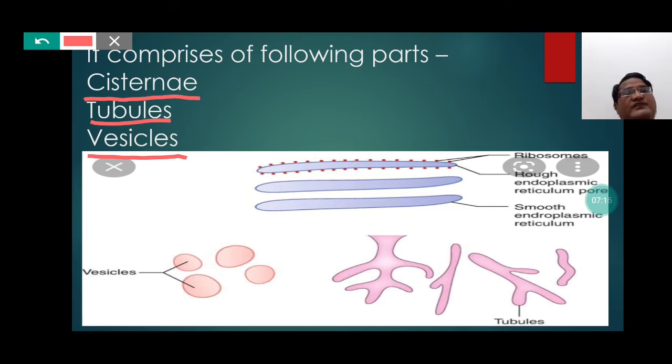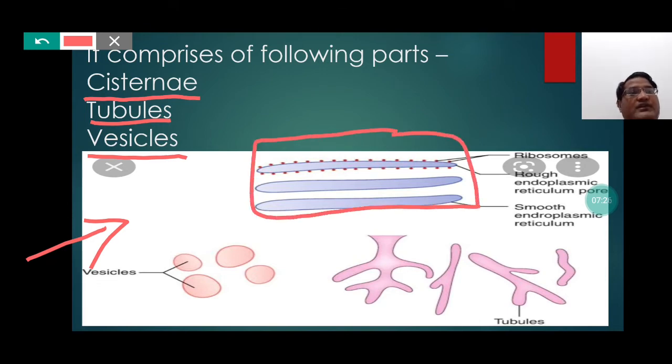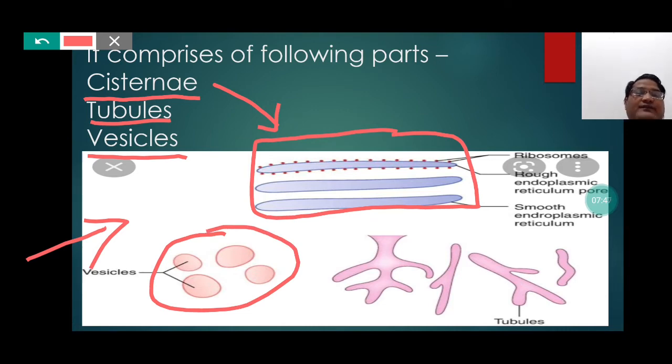So students, let's understand the concept of various components of endoplasmic reticulum with the help of this picture. Students, here if you concentrate, then you will be able to notice the thin, tube-like structures, which actually are the cisternae. Here if you concentrate on this picture, then you can find that these are small sac-like structures which are called as vesicles.